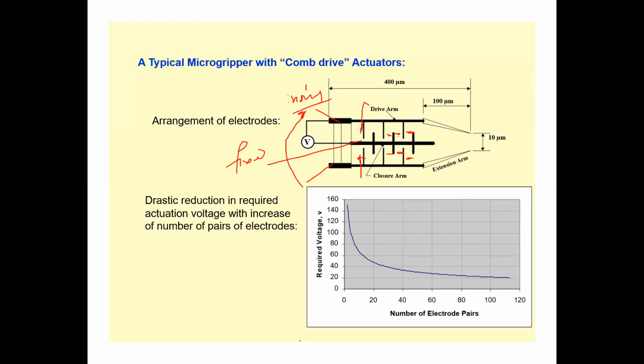Then definitely the force will be multiplied as the number of electrodes increases, and the cumulative capacitance will also increase, because these are capacitors. If you keep on increasing the electrodes, you are increasing the capacitors, and thus the capacitance keeps on increasing, right?